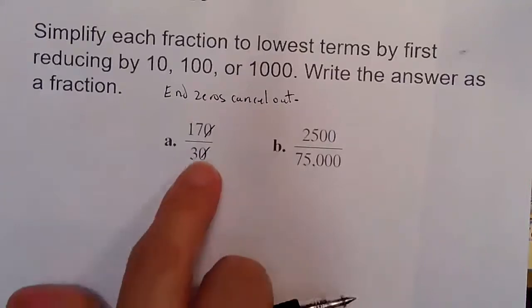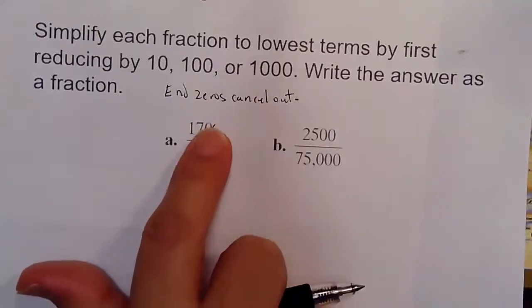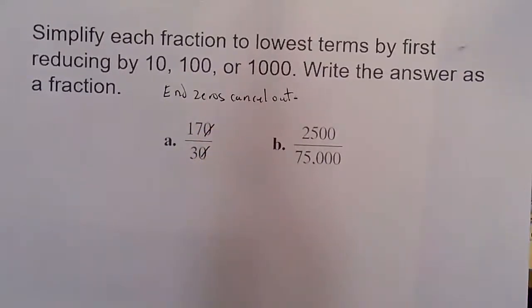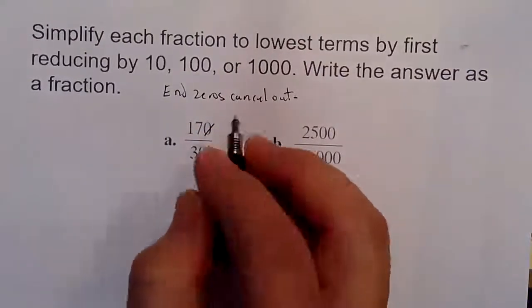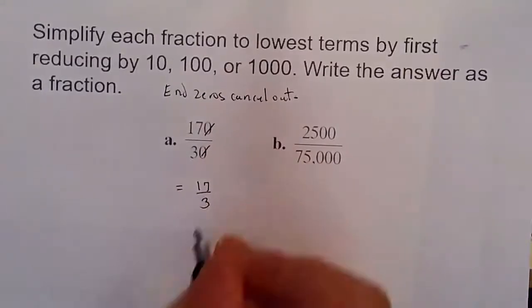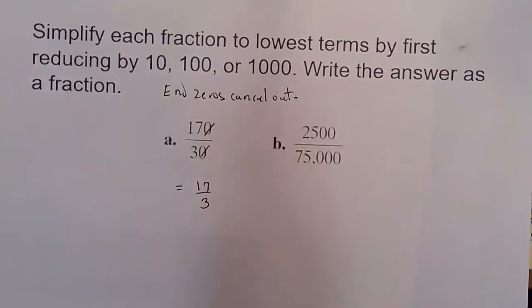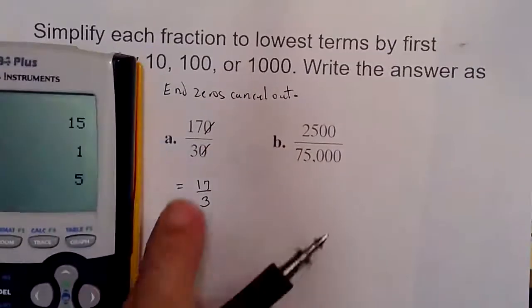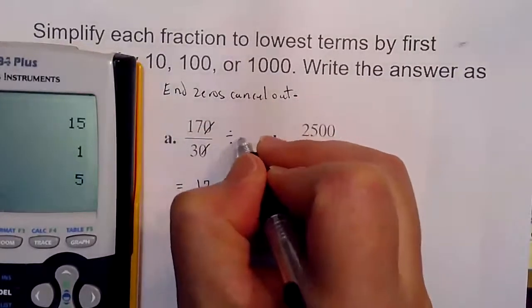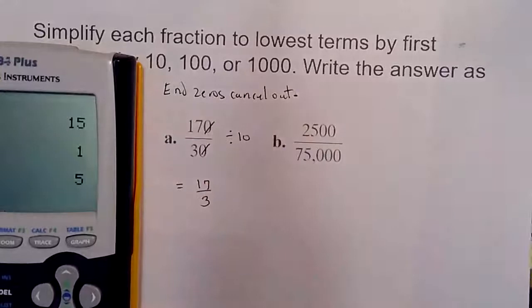Okay, so say your teacher knocked out this 0. It's a 1-for-1 ratio, every one on top, one on the bottom. And now this is just left with 17 over 3. When they cross that out, that means they just divide by 10.